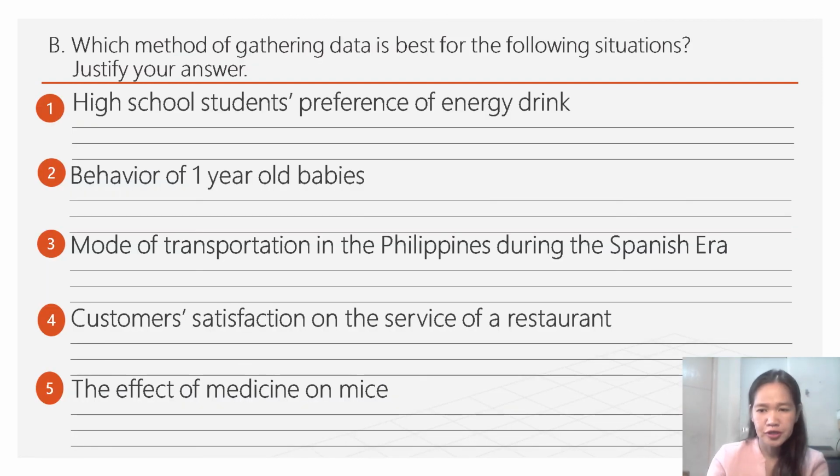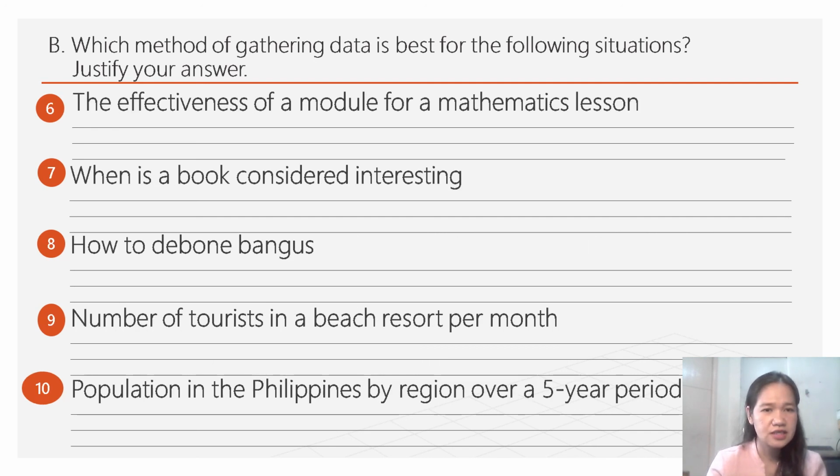Now for your homework, I want you to answer these questions. Which method of gathering data is best for the following situations? So we have 10 items.